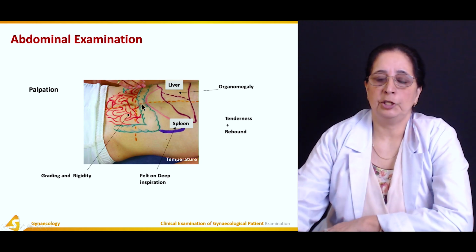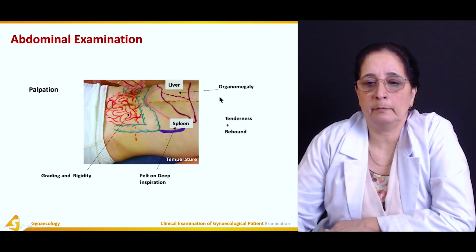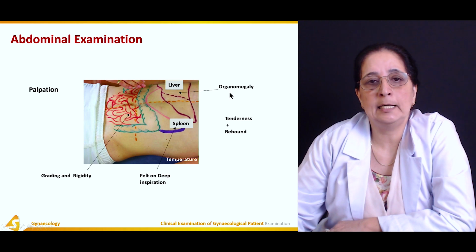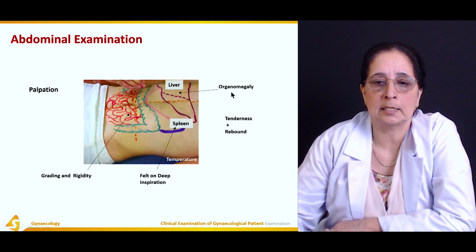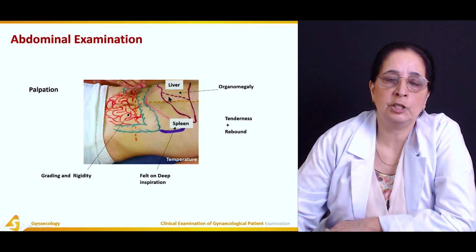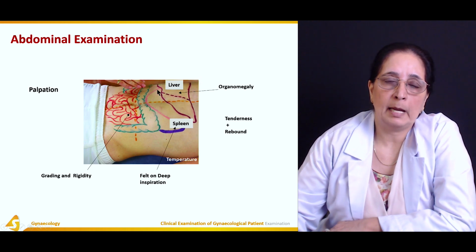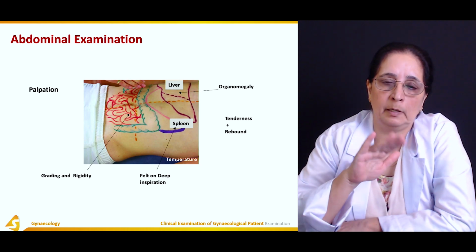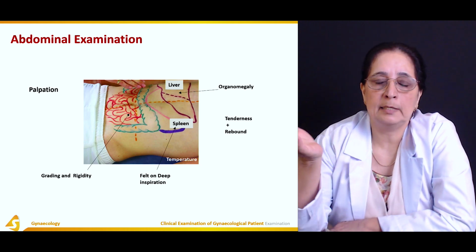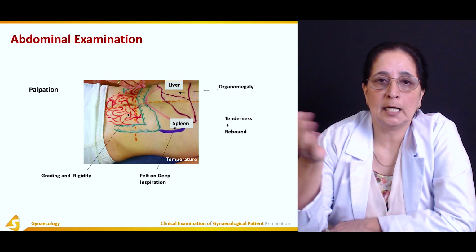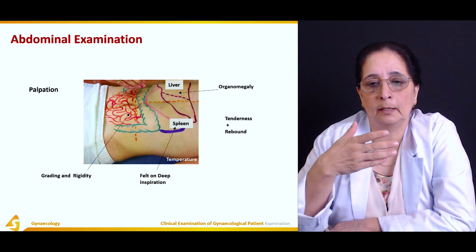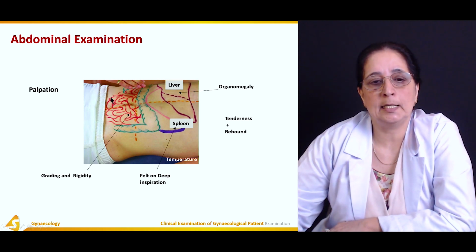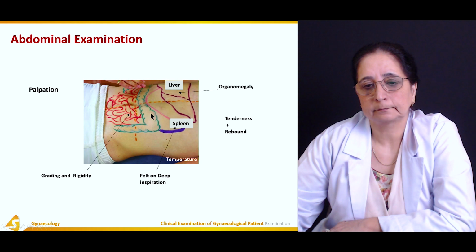On palpation, a few things we can notice is organomegaly, which is enlargement of the organs. If the liver is enlarged and coming down, by palpation we can feel the edge of the liver. That's easily palpable. If it's enlarged due to hepatitis or some cirrhosis, that liver can be felt very easily by palpation.